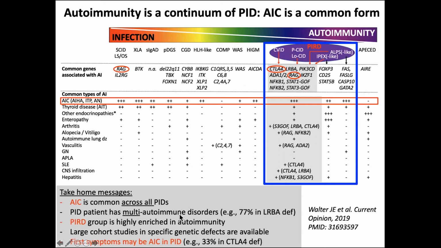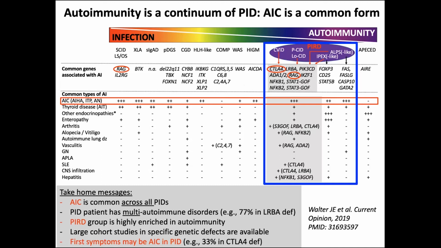And again, PID patients have multiple autoimmune diseases, such as in some of the cases, up to 77% of the patients will have multiple autoimmune disease. The PIRD group I mentioned too is highly enriched in autoimmunity, so you have to consider that as a diagnosis for yourself if you have multiple autoimmune cytopenias.